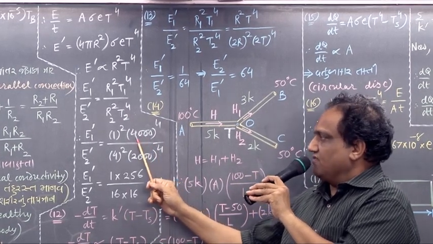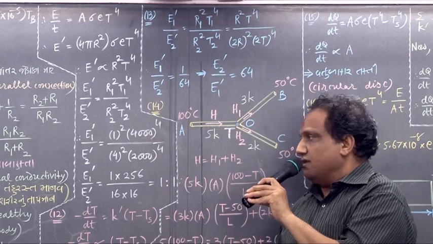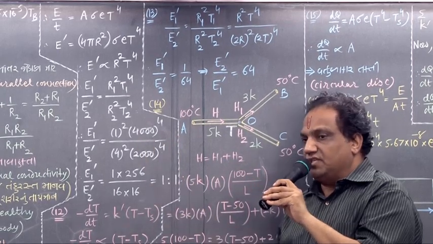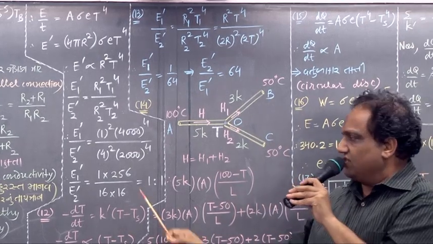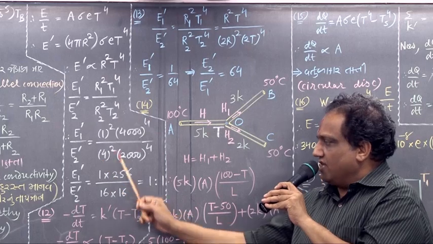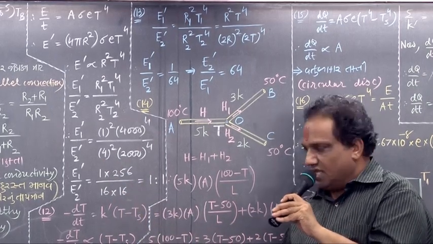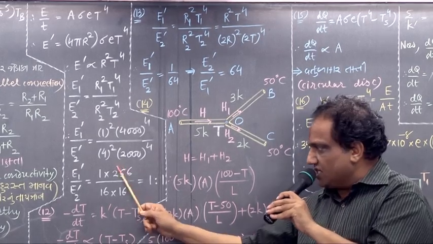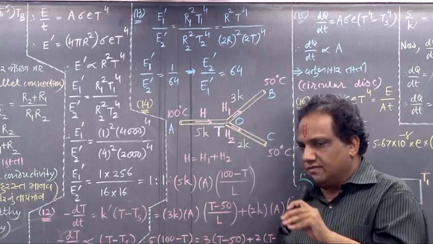This is 4 into 10 raised to 3, 10 raised to 3 whole raised to 4 will be 10 raised to 12, which cancels with the 10 raised to 12 here. 4 raised to 4 is 256, and 1 square is 1. 4 square is 16, and 2 raised to 4 is 16. 16 times 16 is 256. 256 upon 256, so it is 1:1. Next.